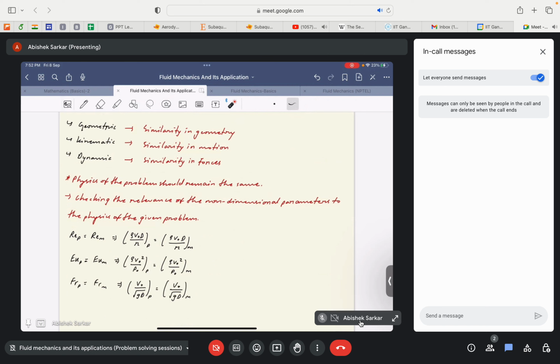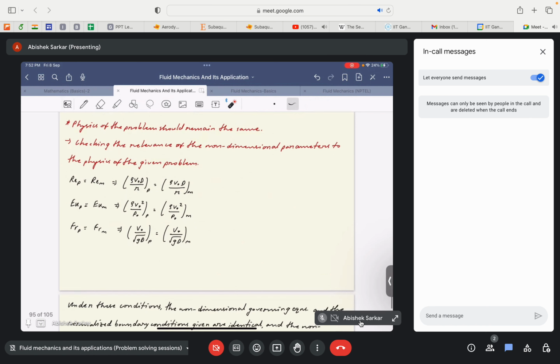Okay, so this is basically trying to show that once the non-dimensional parameters or pi numbers are known, the important thing is that for the flow physics to be similar, these non-dimensional numbers in the case of a prototype and in the case of a model should match.